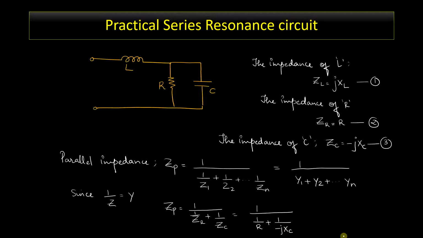So let us simplify this expression. You can see here there is a term which corresponds to the imaginary part. So what we need to do is we need to rationalize this particular equation. So I can write this Zp equal to 1 divided by (minus jXC plus R) divided by R into minus jXC, right?